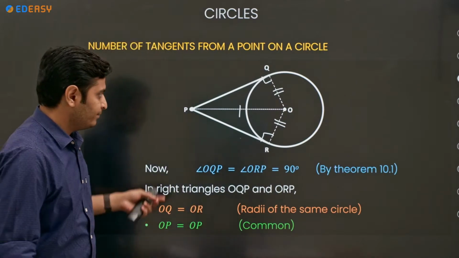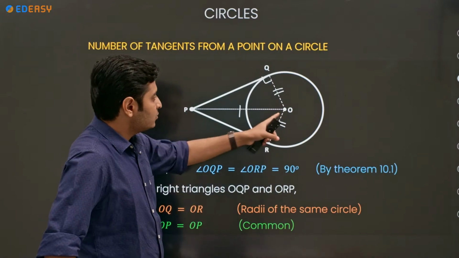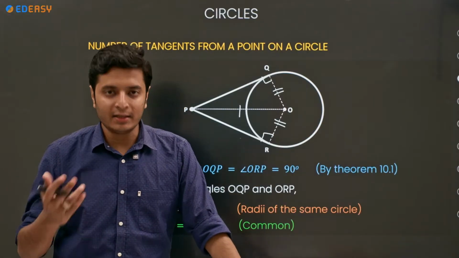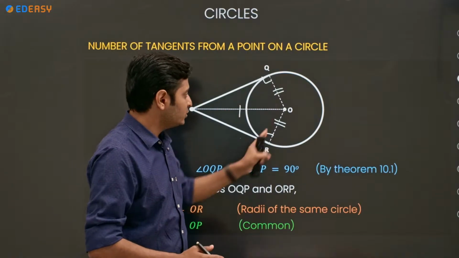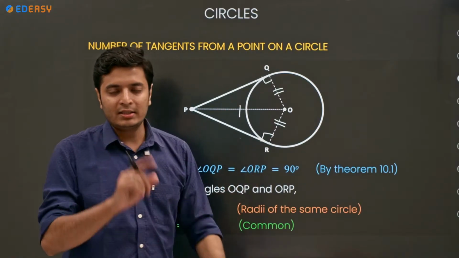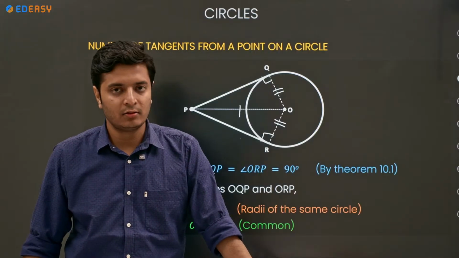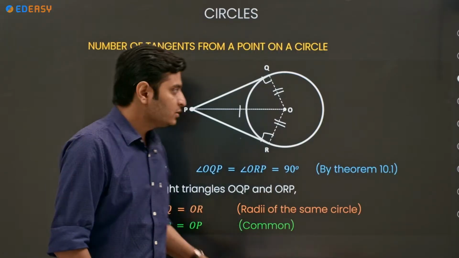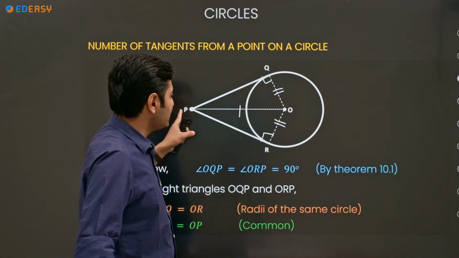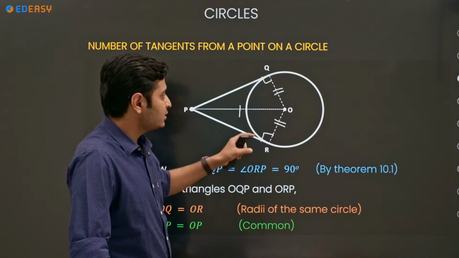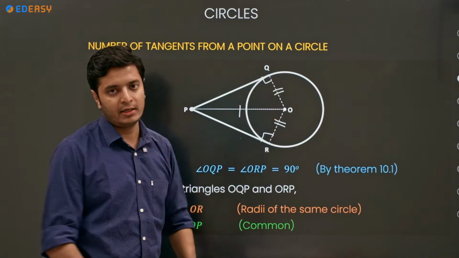Now OP is also the side opposite to the 90° angle in both the triangles, correct? The side opposite to the 90° angle in a right angle triangle is always known as the hypotenuse. So in these two triangles, I can see that the hypotenuses are equal and also one of the sides is equal.